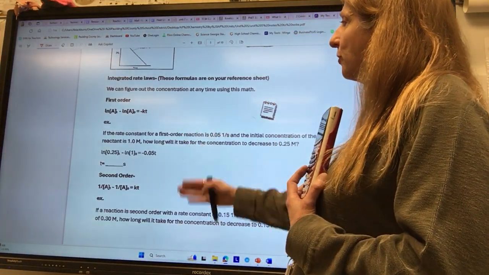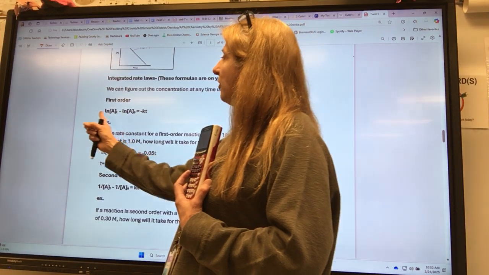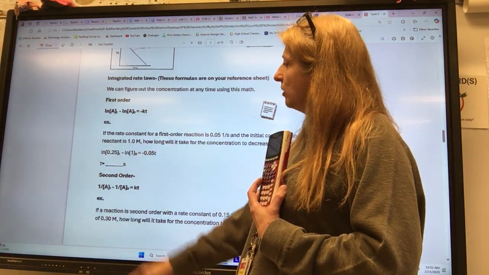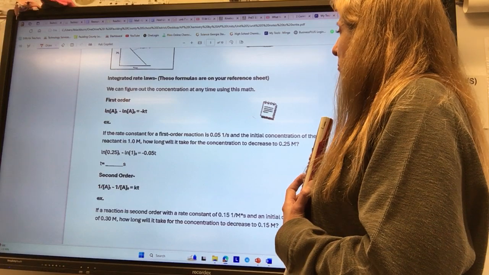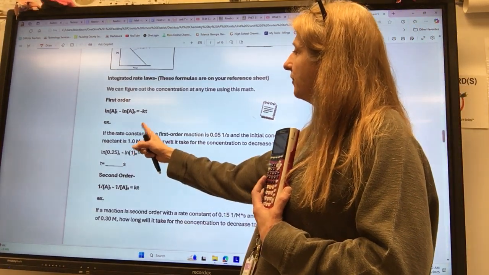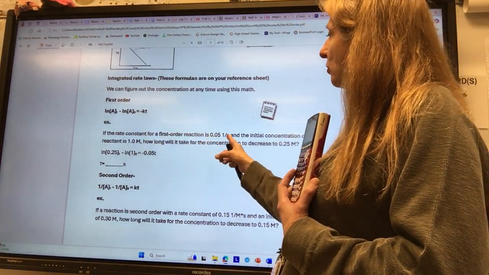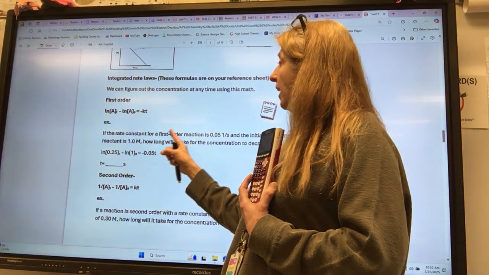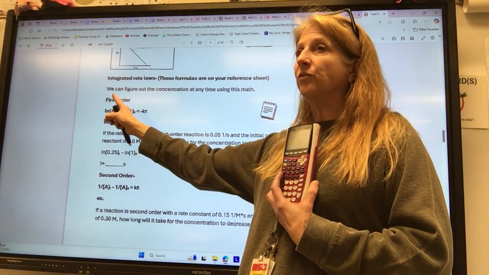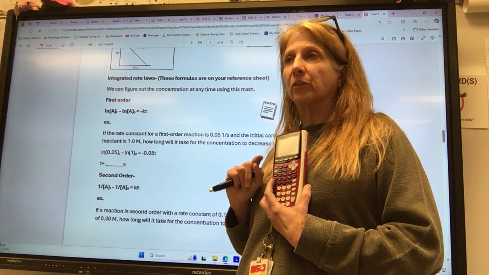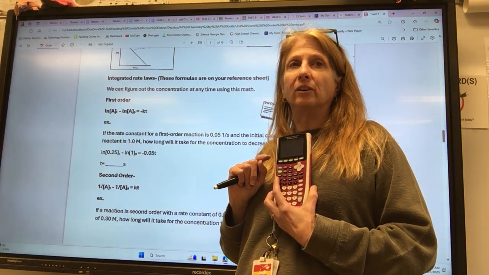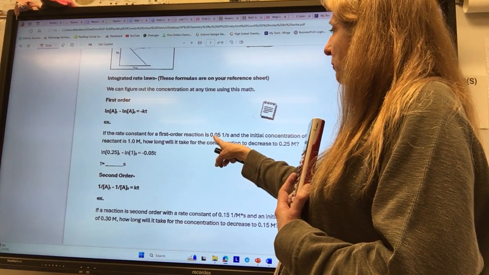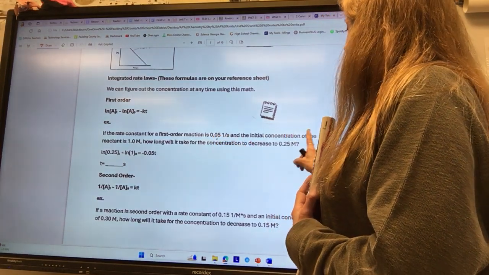Here is our first order reaction. That is the way it is written on your AP sheet, and here is our example problem. If the rate constant, that's K, for a first order reaction is 0.05, they would not give you the equation. You're going to have to go find the first order equation to use it.